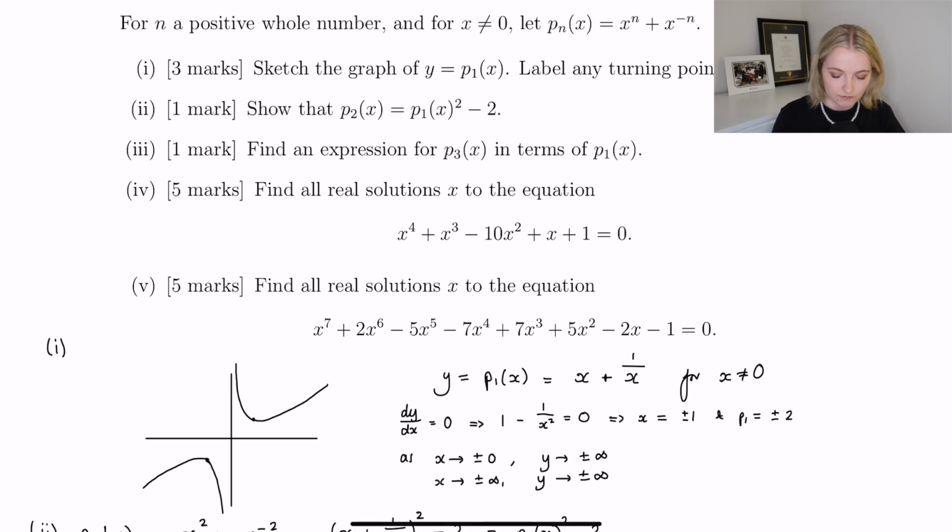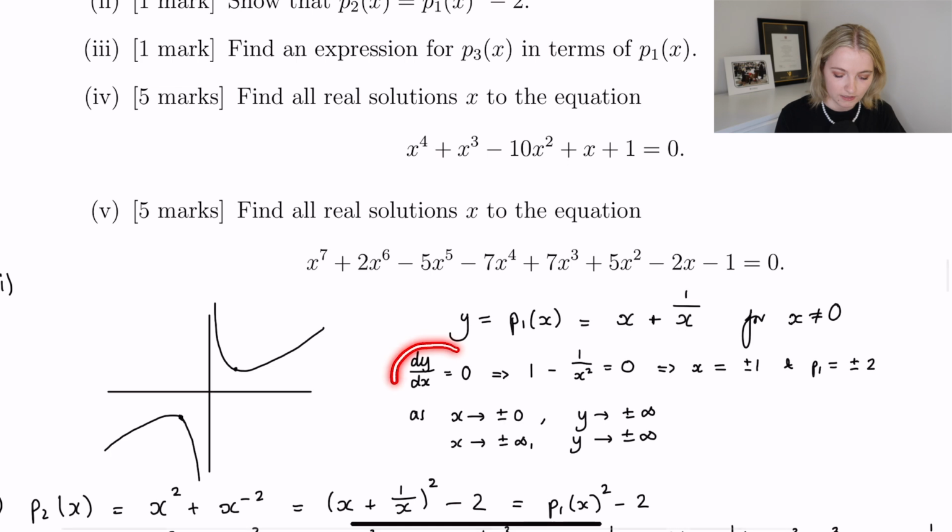So straight away we can compute dy by dx. Let's see at what value the differential is equal to 0, which is known as a turning point. When we compute the derivative of this and set that equal to 0, we find that this is true when x is plus or minus 1, and therefore when x is plus or minus 1, we find that p1 is plus or minus 2.